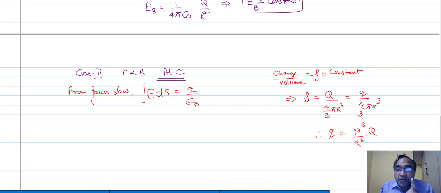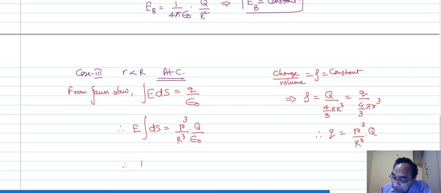In the previous case it was 0, but here we have this value. So therefore, E dS, Q enclosed is r cube upon R cube into Q by epsilon naught. Which surface? The surface area of that Gaussian surface, which is an imaginary sphere.